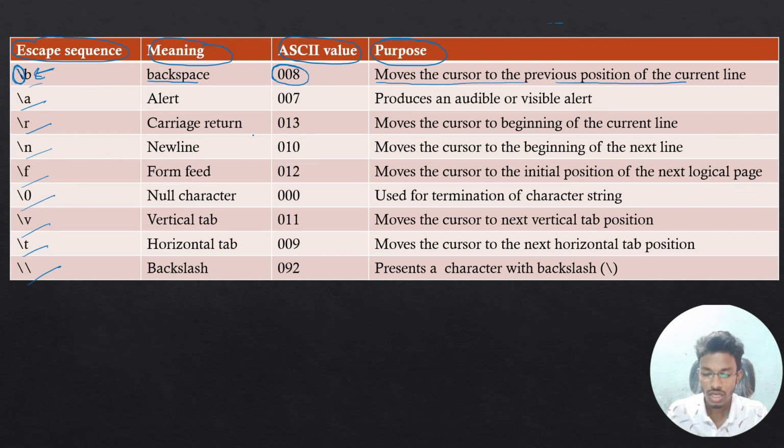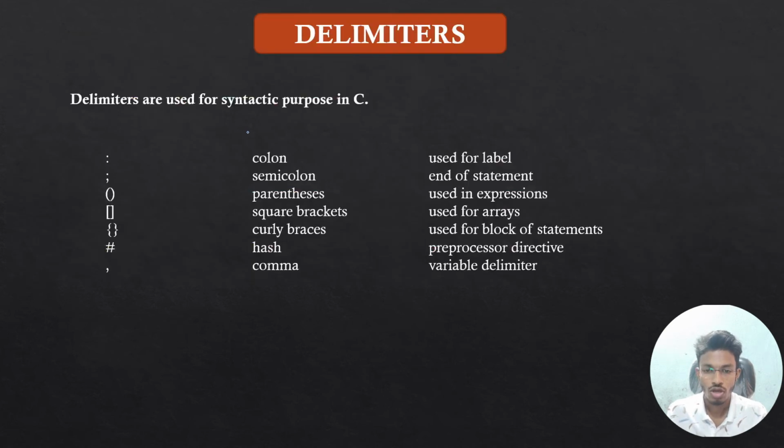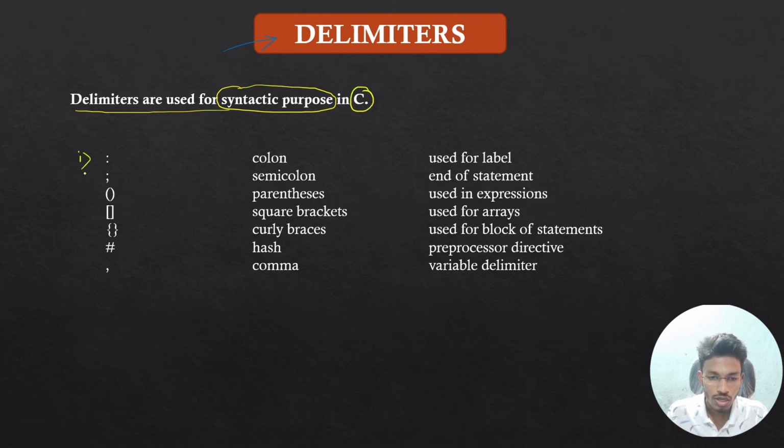Now moving ahead, we will come to know about the delimiters. What do delimiters stand for? Delimiters are used for syntactic purposes in the C programming language. The very first one is the colon, which is used for a label.